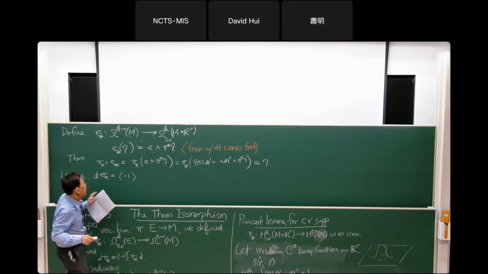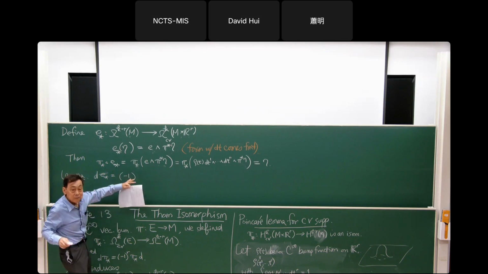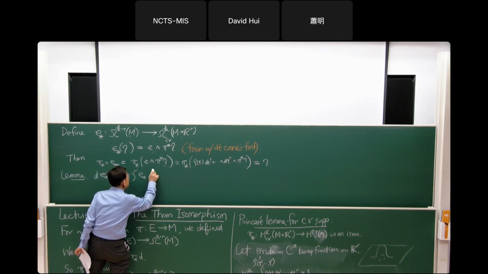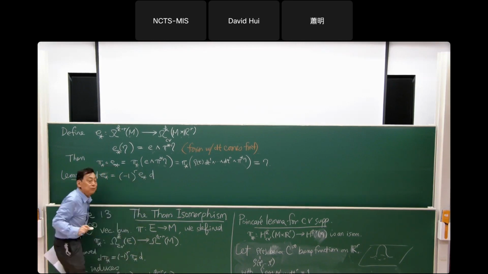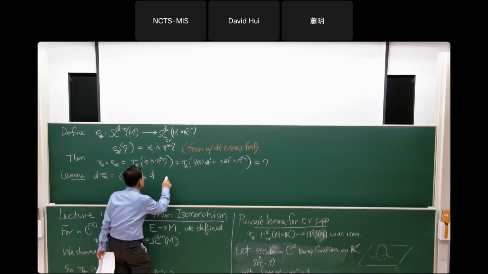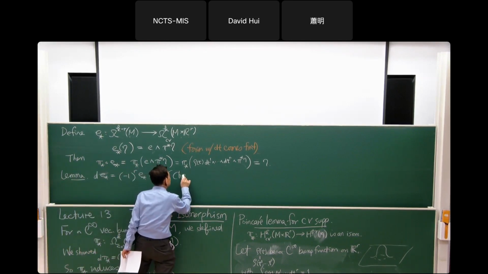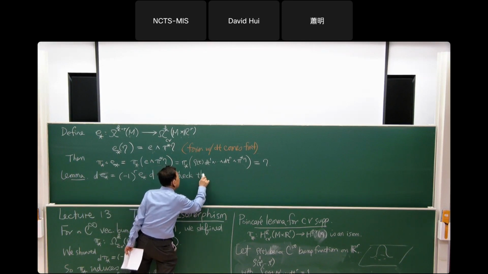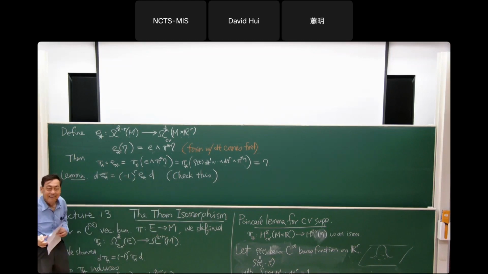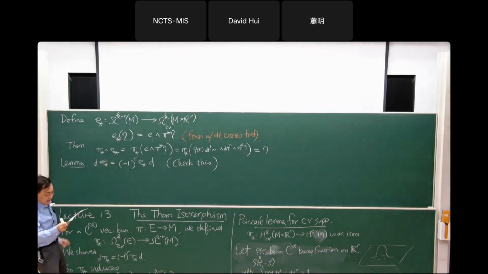But I'm going to guess that in general, when you have degree R, the sign should be -1 to the R. So check this at home. That better be the sign.